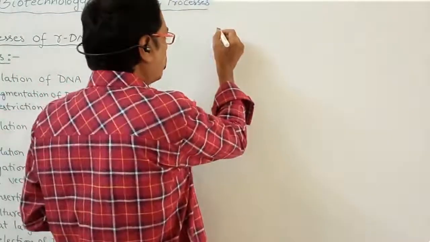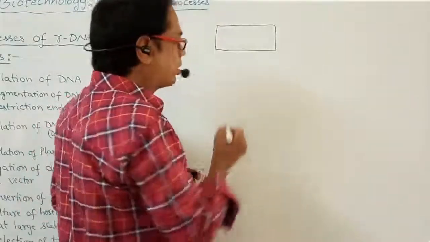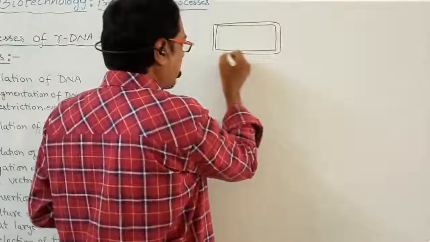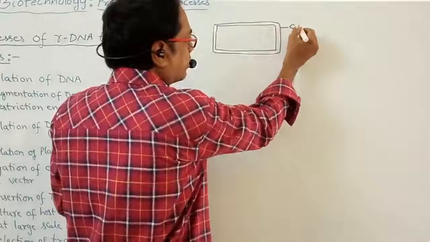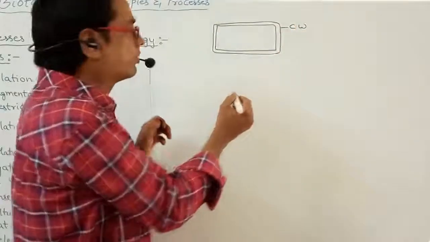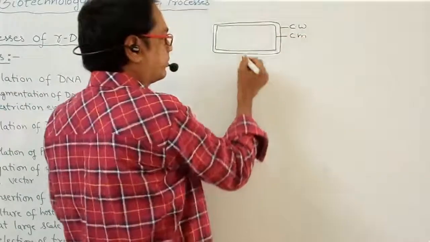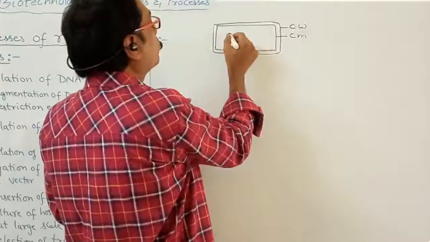Let us suppose this is the cell. Now I am drawing the plant cell. In a plant cell, the outermost layer is the cell wall, and this one is the cell membrane. And chromosomes are present.